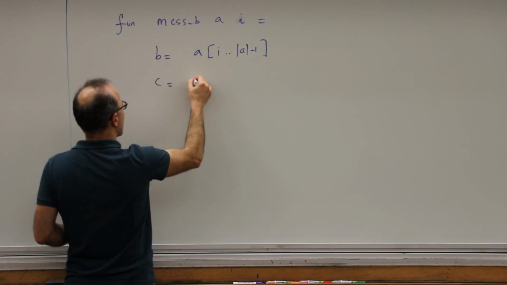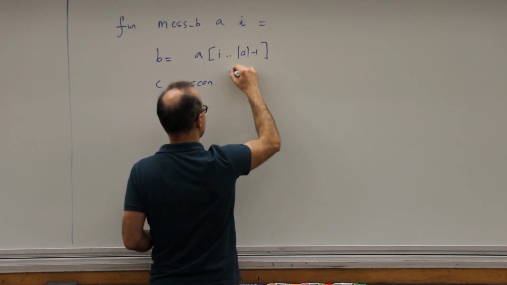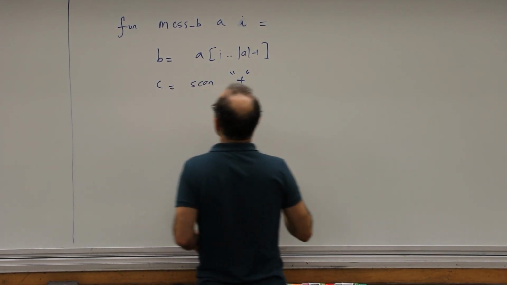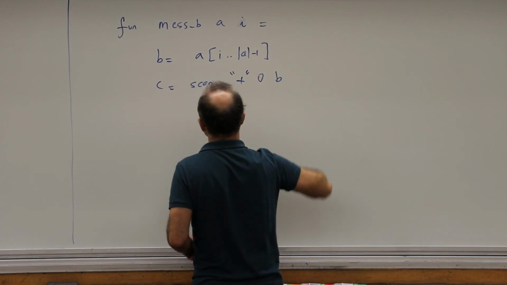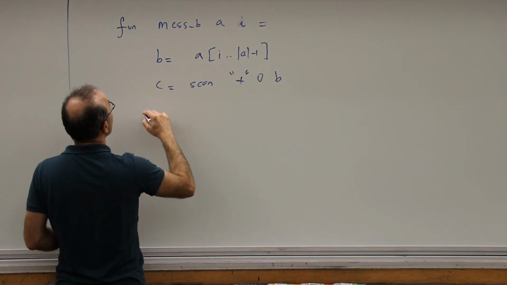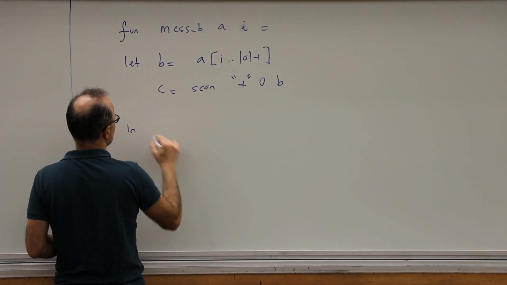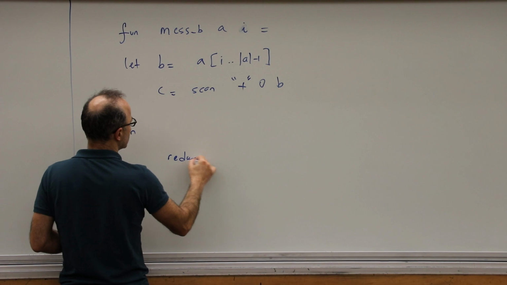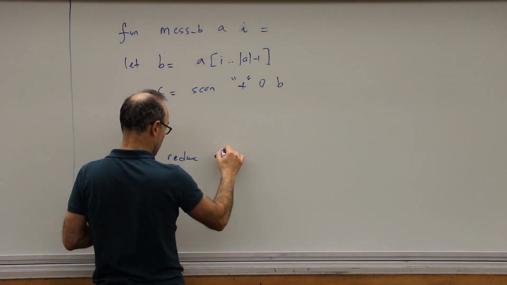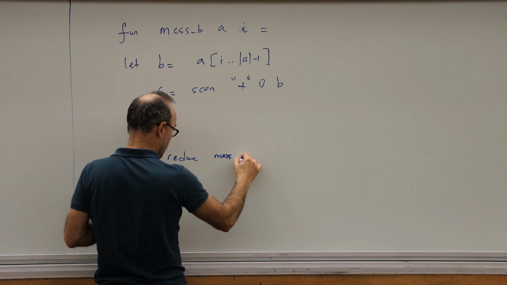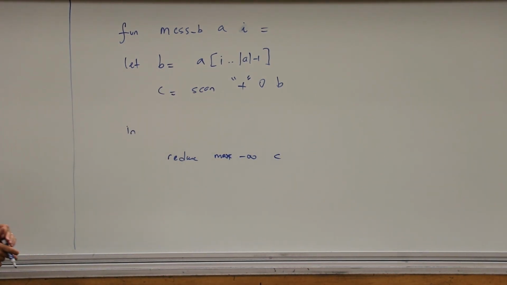And then they do a plus scan over B. What's the identity for plus? 0, right? That's it. And then they do a reduce with max. Identity is minus infinity, C. That's it. Okay?